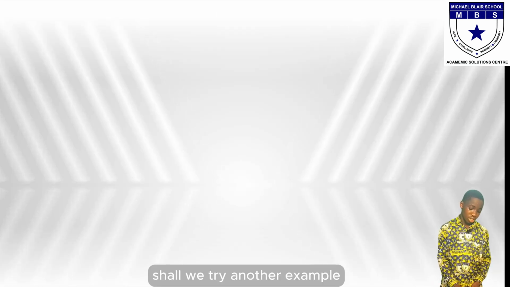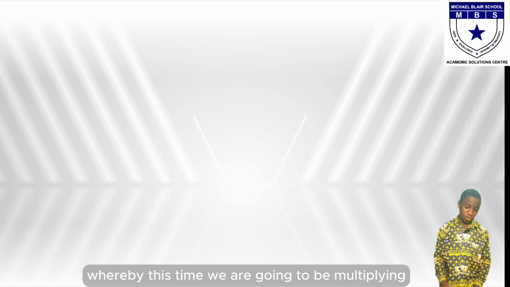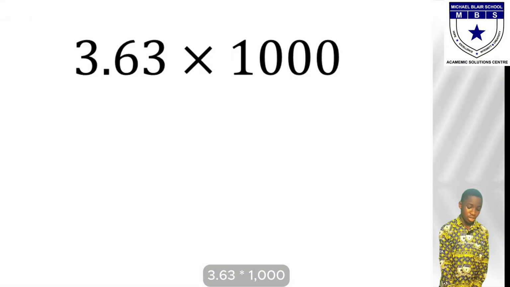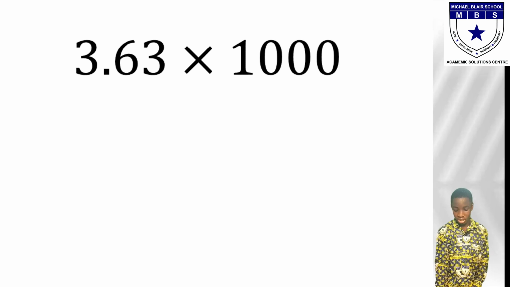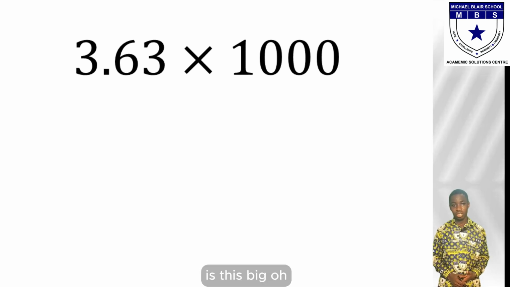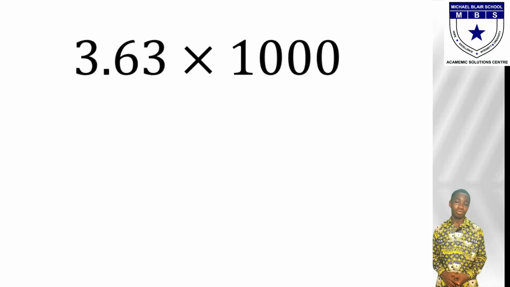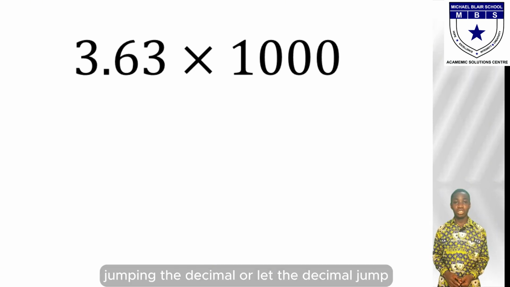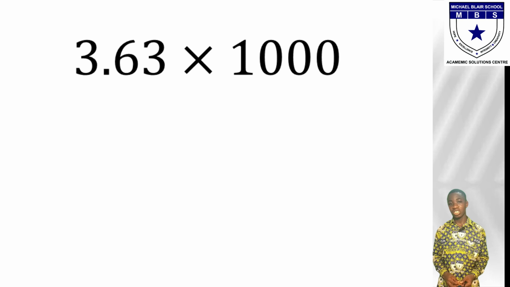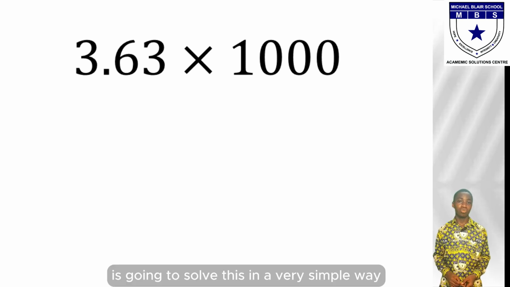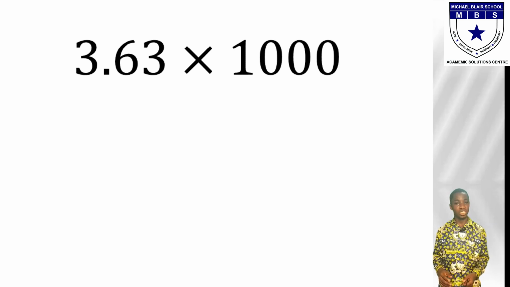Shall we try another example, whereby this time we are going to be multiplying 3.63 times 1000. Is this big? Let the decimal jump is going to solve this in a very simple way.